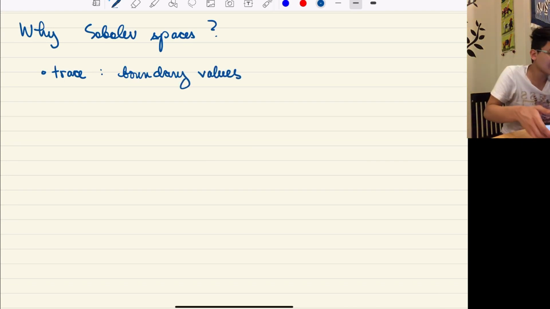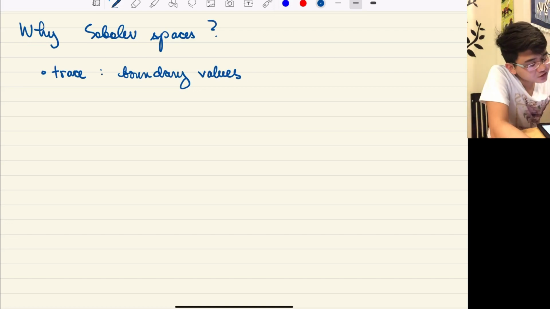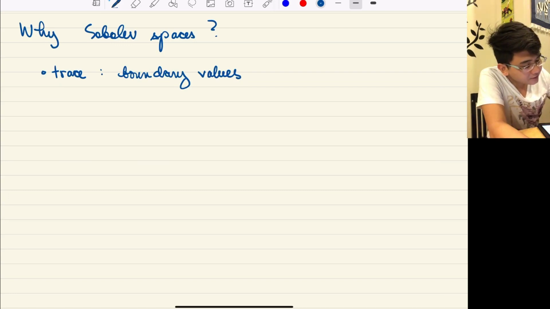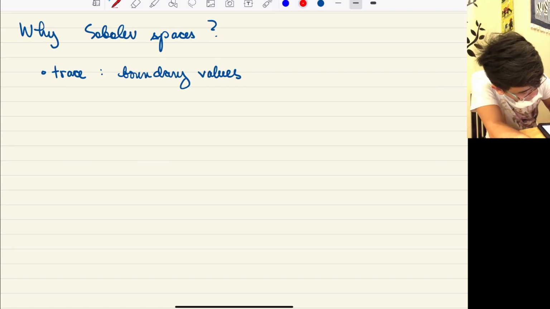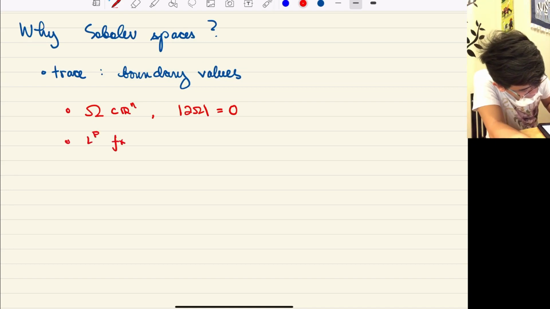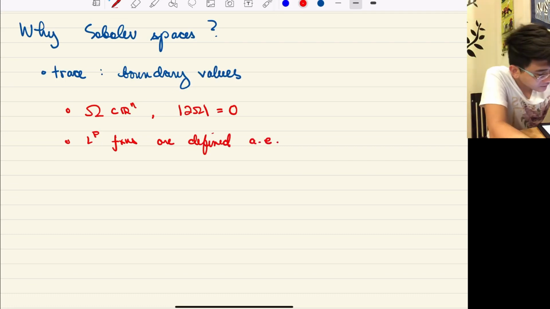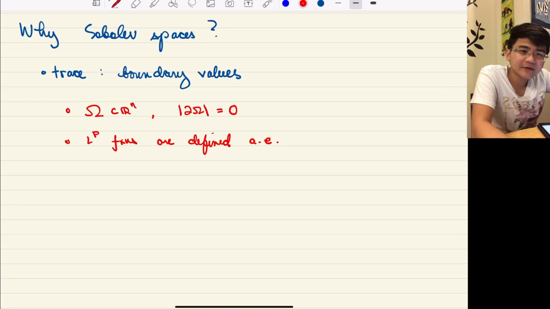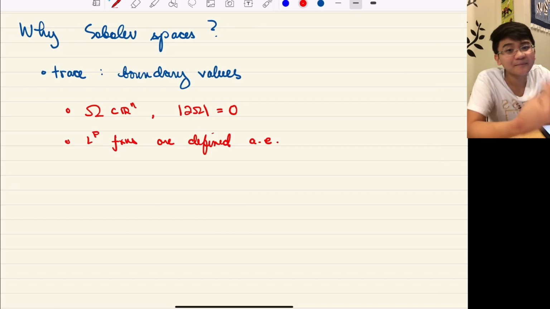When you're looking at PDEs, you don't only look at an equation, you also look at some boundary conditions. If you have some omega subset of Rn, some open set, the Lebesgue measure of the boundary is going to be 0. And LP functions are defined almost everywhere.